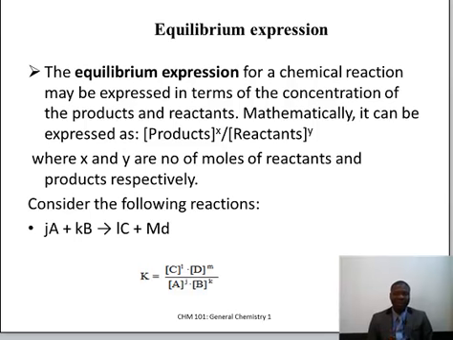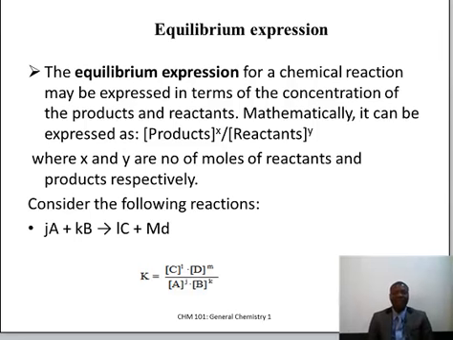Now, let's consider these reactions. The reaction as it is written on the board, as I've taught you in the previous session, has the reactant on the left side, while the product is on the right side.